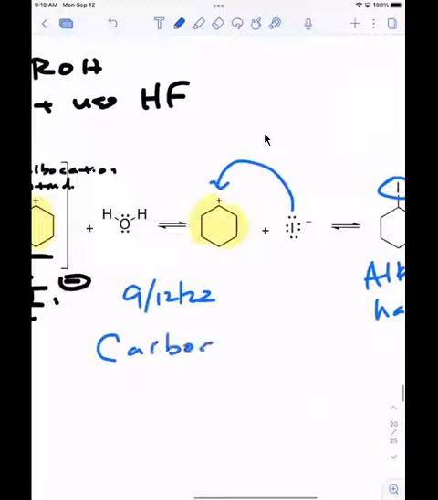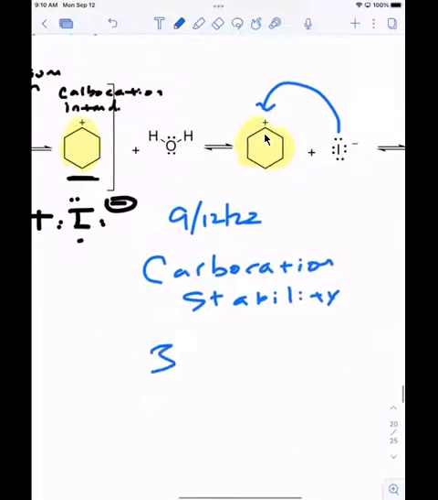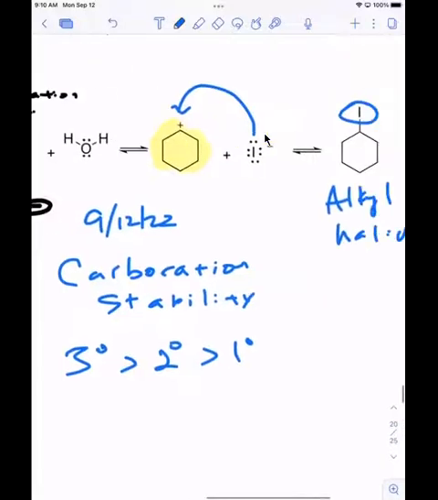So for carbocation stability, a tertiary is greater than a secondary, which is greater than a primary, which is greater than methyl. It's the opposite when you're dealing with carbanions, which are negatively charged carbons.